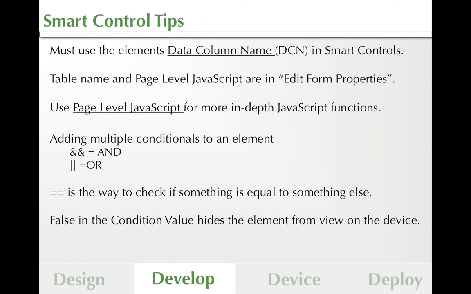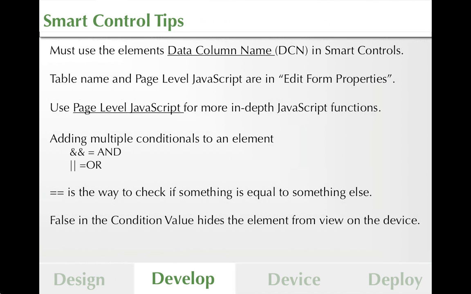Next, we have adding multiple conditionals to an element. So maybe you have a specific text area that you want displayed if the user selects option A, but you also want it displayed if they select option C. So you can use the double ands to include that in there, or you can add in the or.